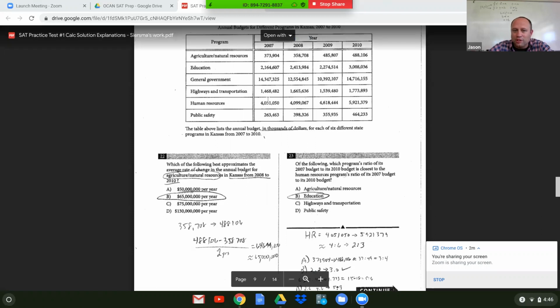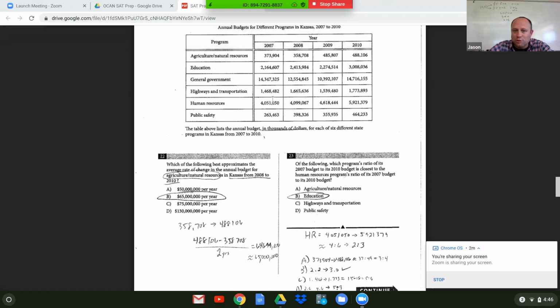So the first thing I wanted to do is go to human resources and find the ratio between this and this. I tried to kind of show it here, but I don't really like how I did it. So what I'd like to say is if I just divide this 4 million number by this 5 million number, I get 0.684.